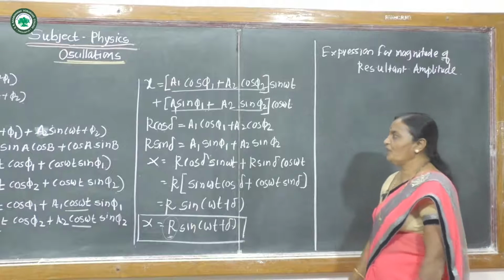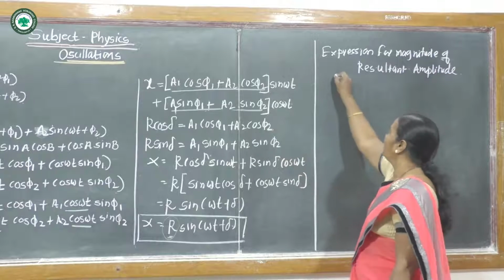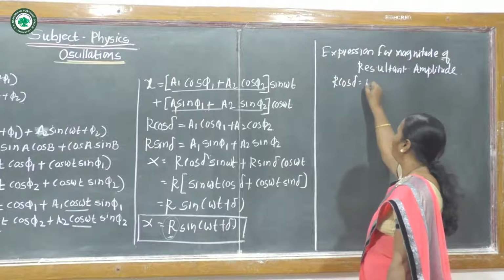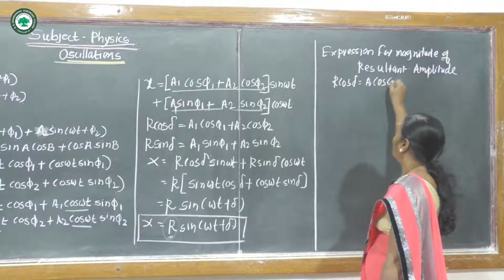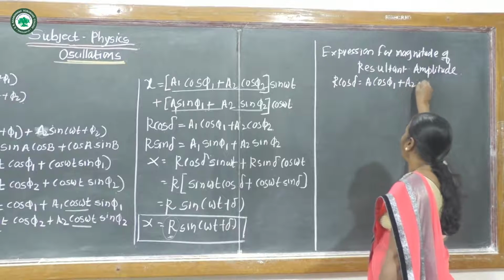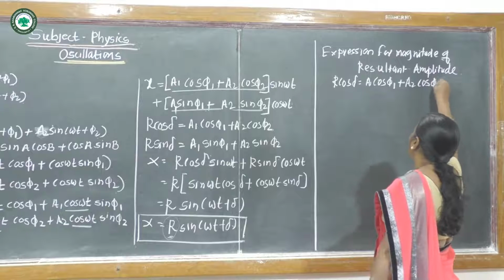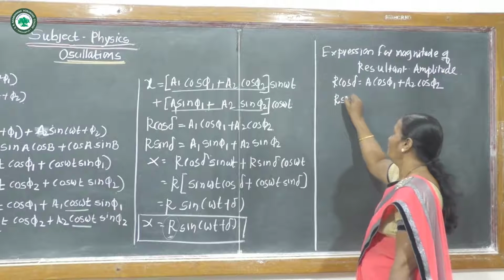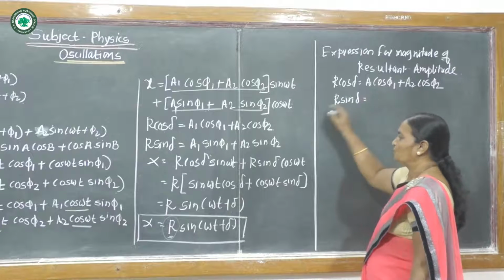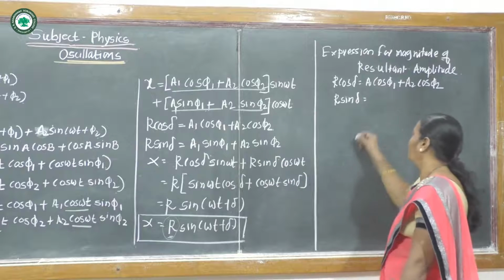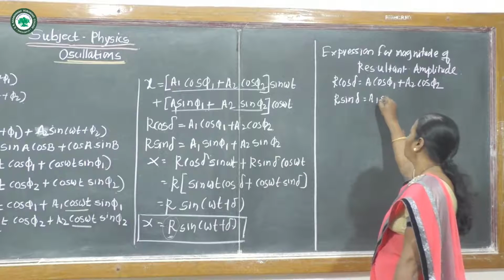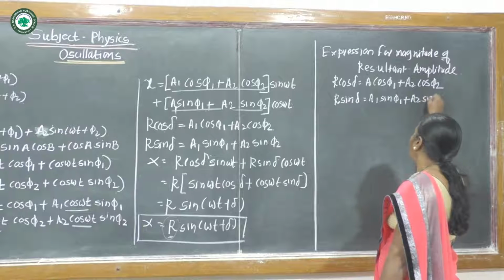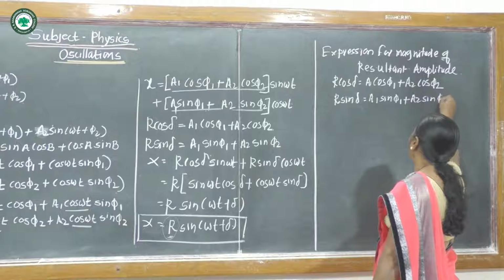Consider the equations. R cos delta is equal to A1 cos phi 1 plus A2 cos phi 2. This is the equation for R cos delta. The second equation is R sin delta is equal to A1 sin phi 1 plus A2 sin phi 2.